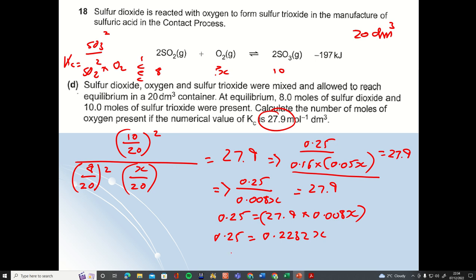Therefore if I do that, my x then is 1.12.